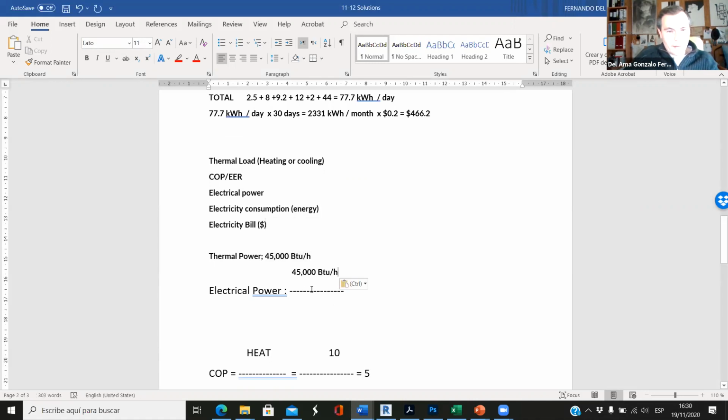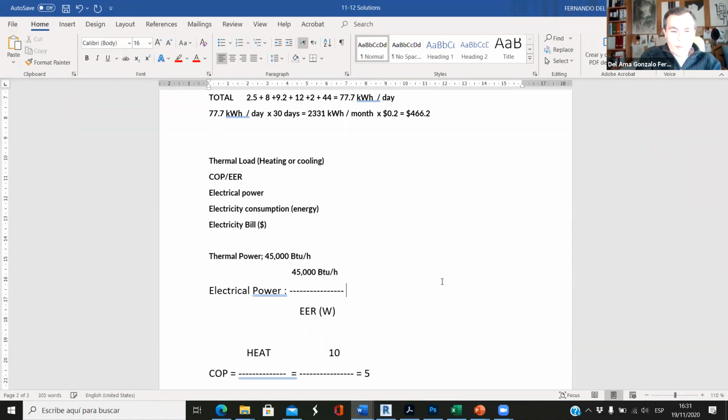If this is my thermal power, the electrical power is the thermal power divided by EER in watts. If we are using BTU hours, then we need the EER. If we are using watts, then we need the COP. Life would be easier if we were all using the COP, but we have this BTU hours.